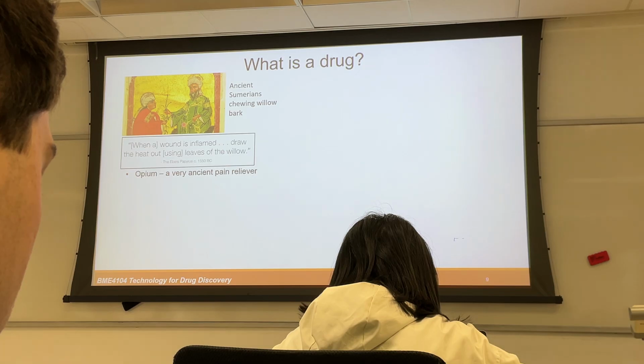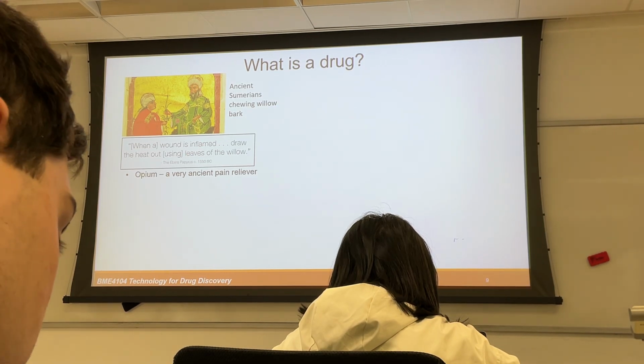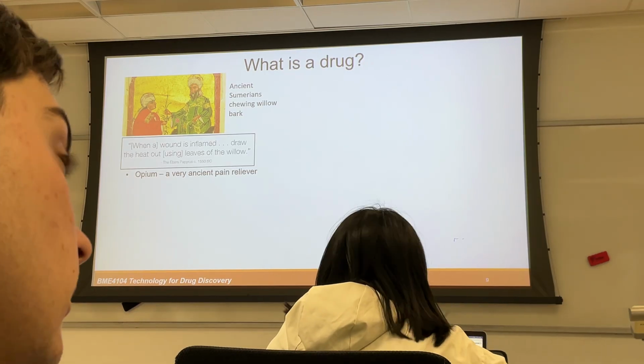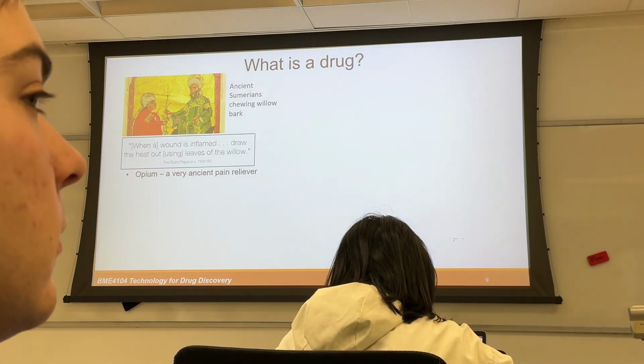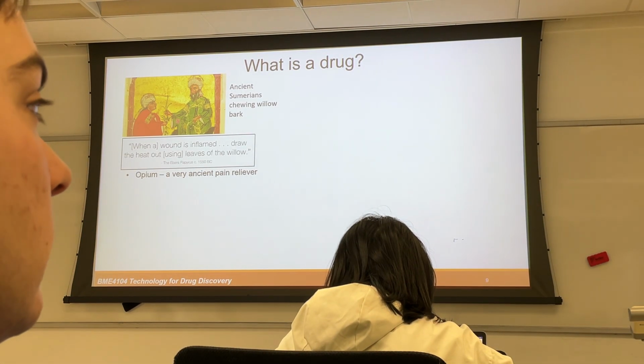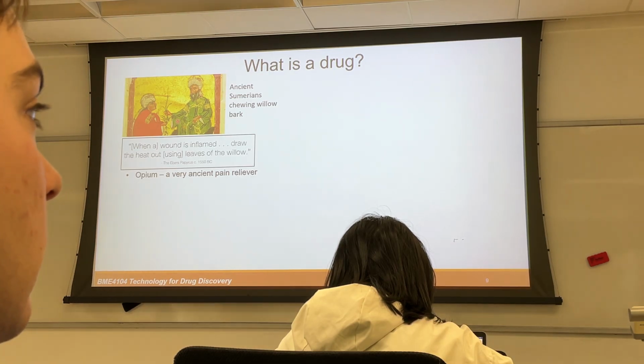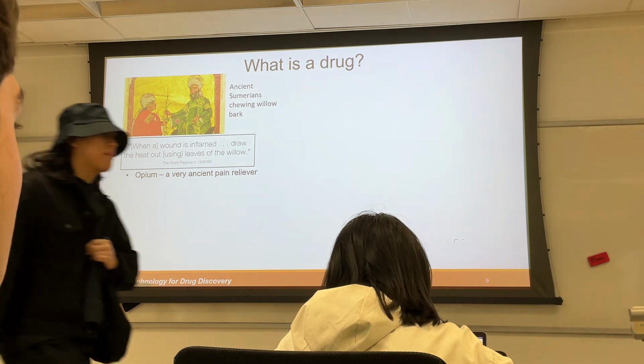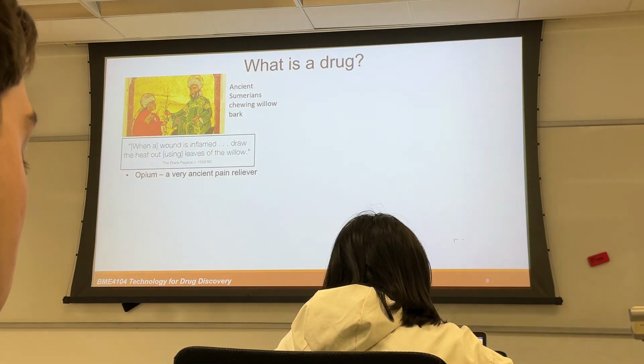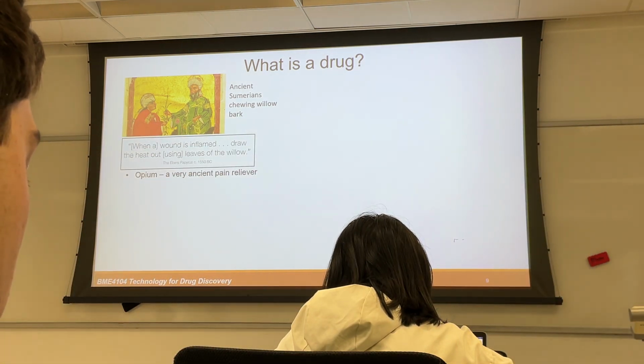And also, in this ancient book from Egypt, there's a description that if a wound is inflamed, you can get the heat out using the leaves of the willow. So you can see the words are not very accurate, describing the disease as heat, but those willow leaves or barks can also be considered a drug.